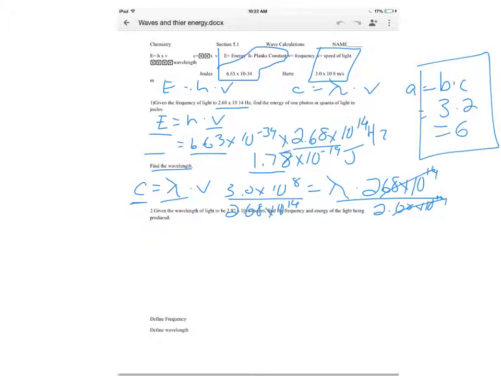And I come up with 1.1 times 10 to the negative 6th. This is wavelength, so it's meters. Now, if we go back and look, you will see that that is very, very near the visible light spectrum. So maybe this is a ray that is purple or blue.